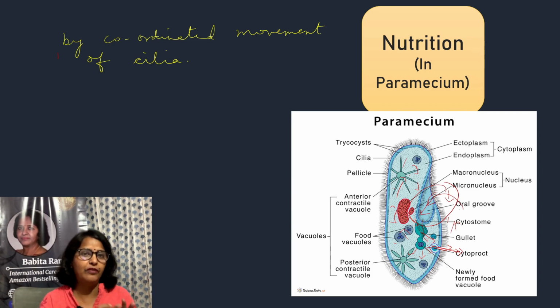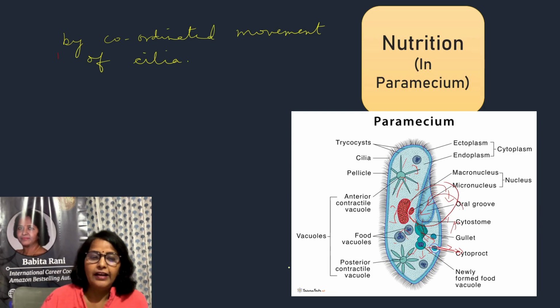Whereas in amoeba, the cell simply takes in the absorbed or digested food into it. So these are some of the differences between nutrition in amoeba and nutrition in paramecium.